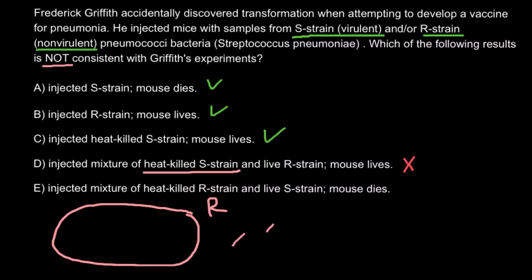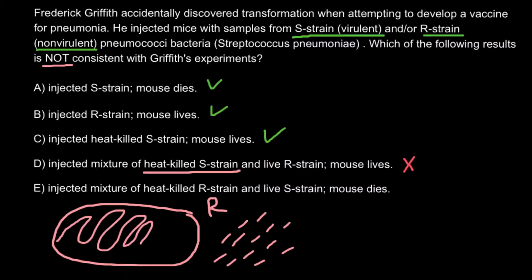And when time passes, these fragments would be degraded into smaller and smaller pieces. And when we have a mixture with bacteria that is not virulent and has its own DNA inside, some of these pieces from the virulent bacteria can have one fragment that codes for the gene that causes virulence in the S strain.